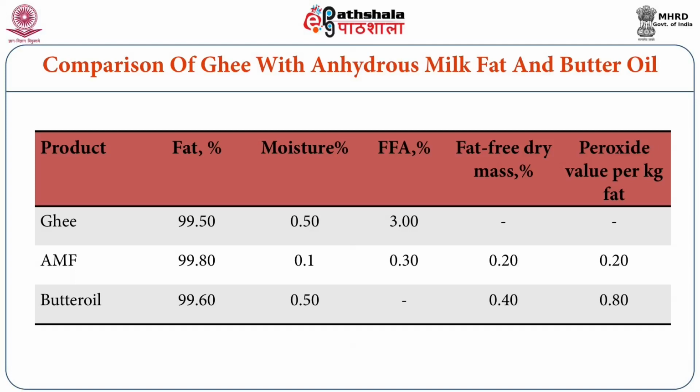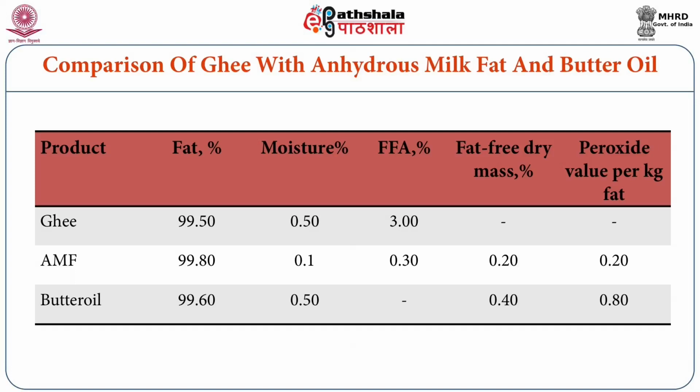When you recombine the entire thing, homogenize and pasteurize, you get a product called recombined milk. AMF is a kind of fat source which can be preserved at ambient conditions for an extended period and can be used as a fat source in any food product you want to prepare.